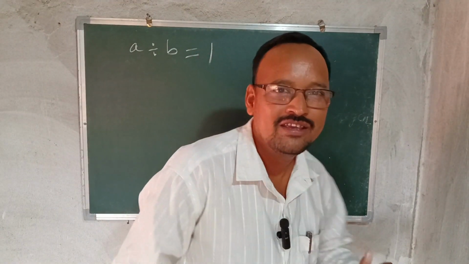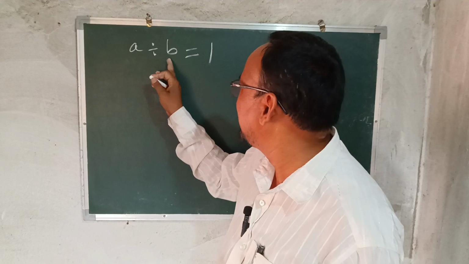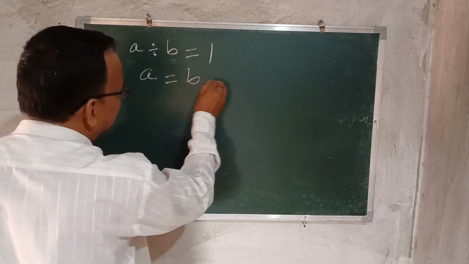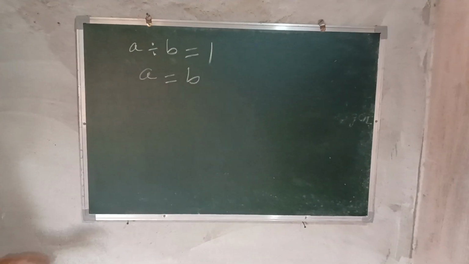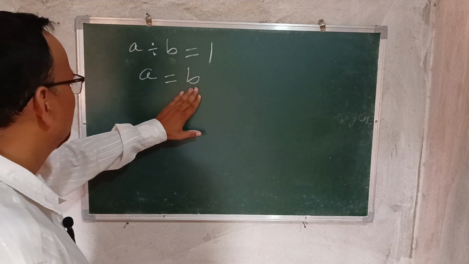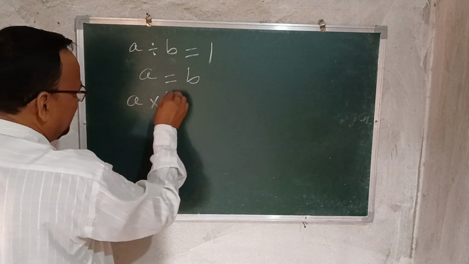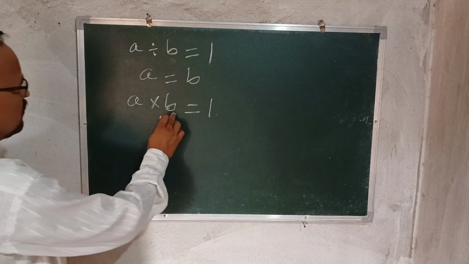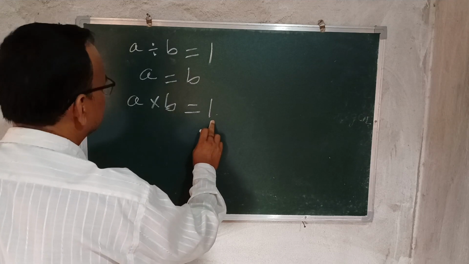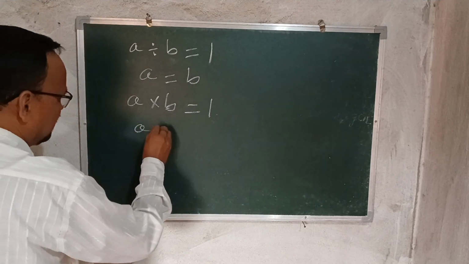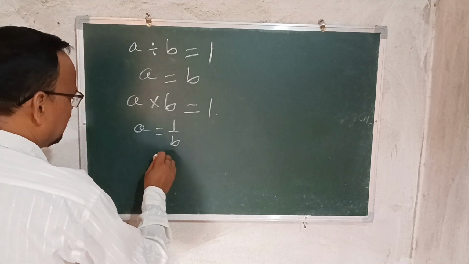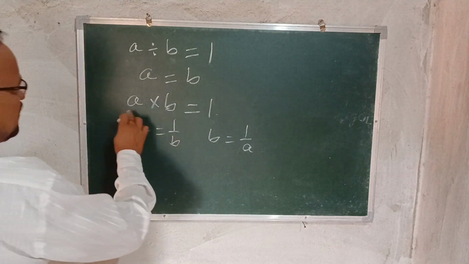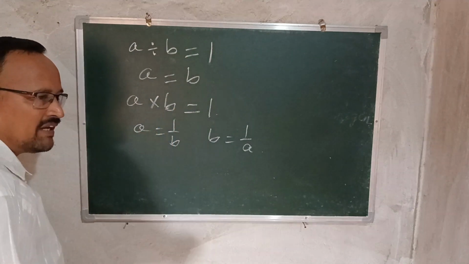If A divided by B is equal to 1, then A is equal to B. If A into B is equal to 1, then A is equal to 1 by B, or B is equal to 1 by A. That means the relation between A and B is the multiplicative inverse.